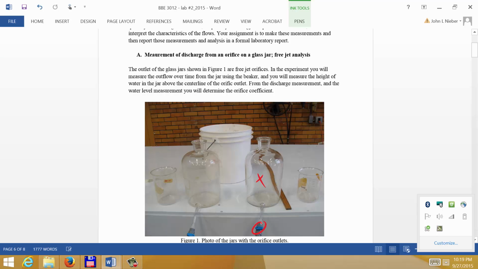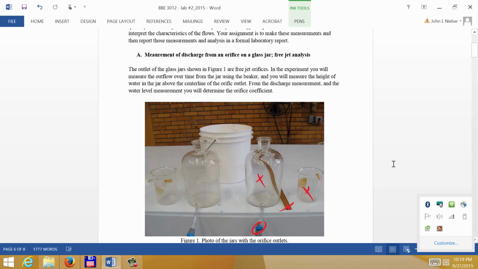We've got a valve on the outlet. I'm going to be using these 500 milliliter containers to measure flows coming out of these reservoirs. You use this meter stick here to measure the depth of water within the reservoir.